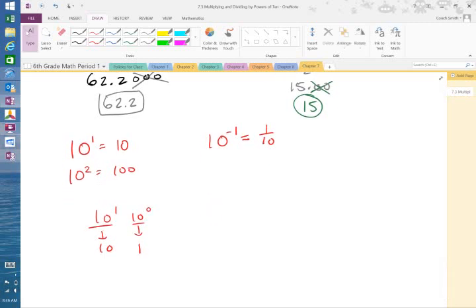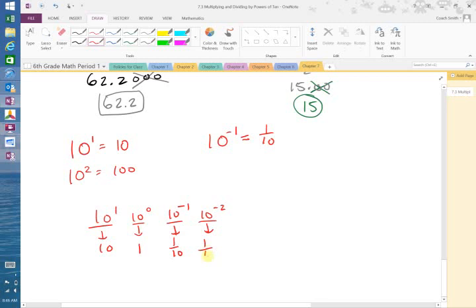So 10 to the negative first has to be less than 1. So 10 to the negative first is 1 over 10. 10 to the negative second is 1 over 100. 10 to the negative third is 1 over 1,000.